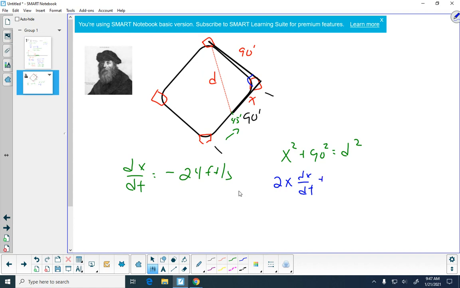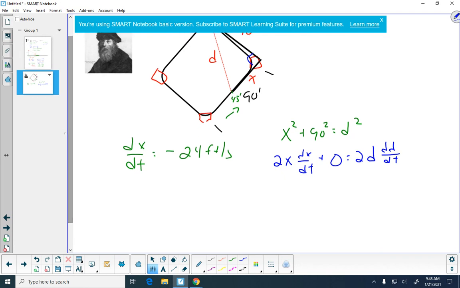Okay, now implicitly differentiate this. The derivative of 90 squared is 0, because it's a constant. So we have 2x dx dt is equal to 2d dd dt. If we wanted to, we can simplify things.